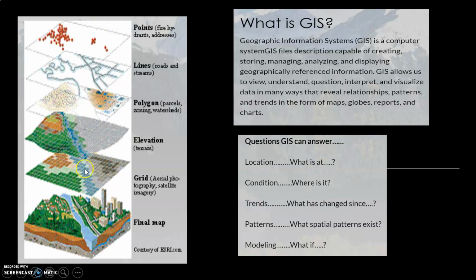Here we have satellite imagery, aerial imagery, and then you put it all together, and then this is the image that you get. So GIS literally takes images from the Earth's surface and then splices it into these different finite pieces of information that are in layers to help us look for trends, to help us see relationships. Why do people tend to live by water and not in the middle of the desert, etc.